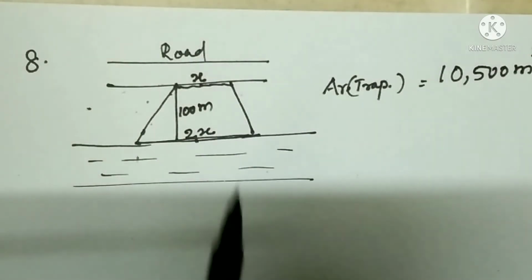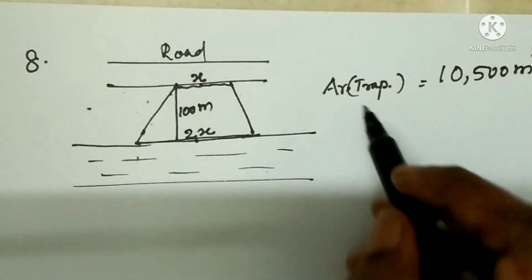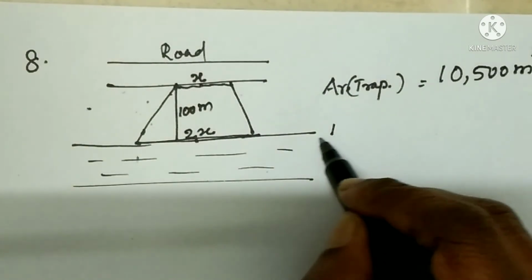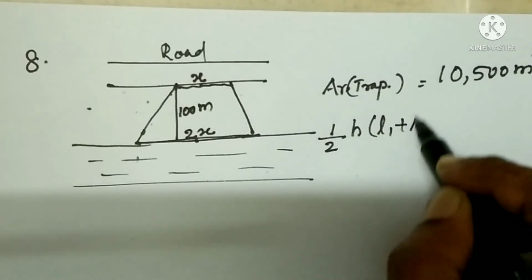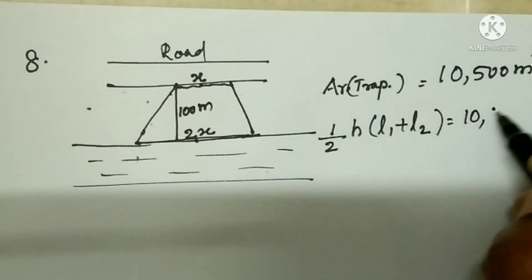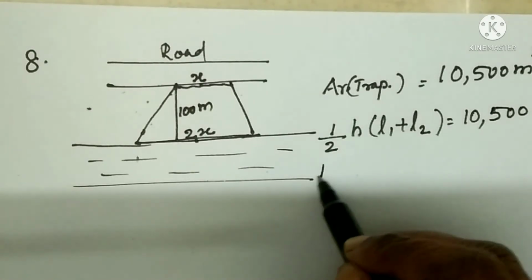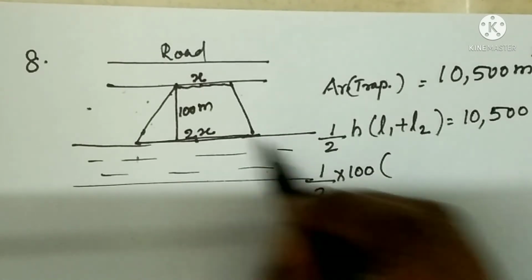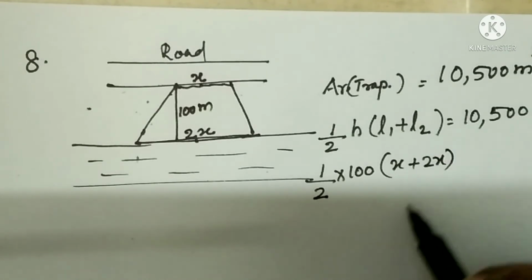Now these two sides are not known to you, but you know the height. So what is the formula to find the area of the trapezium? You know, half h into L1 plus L2 is equal to 10,500. Now what is h? We know, half into 100 into L1 is x, L2 is 2x.